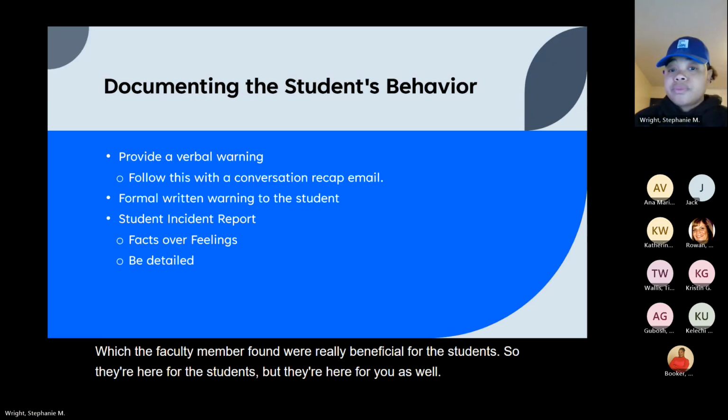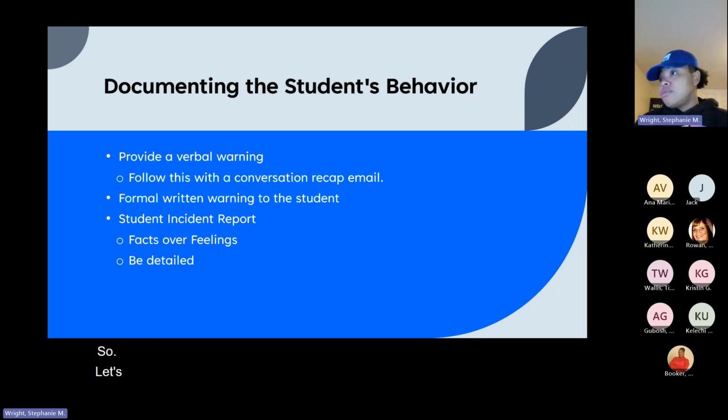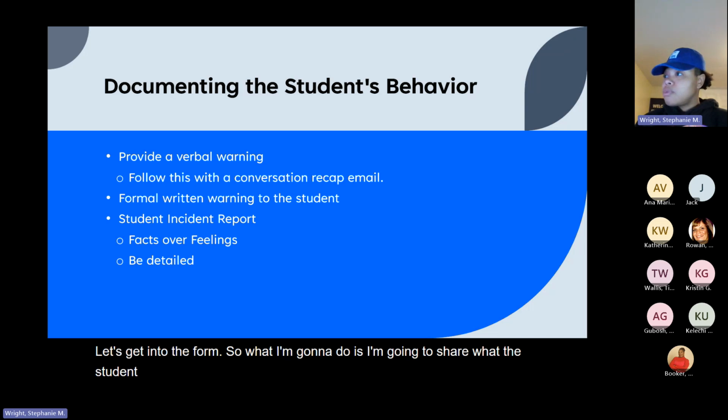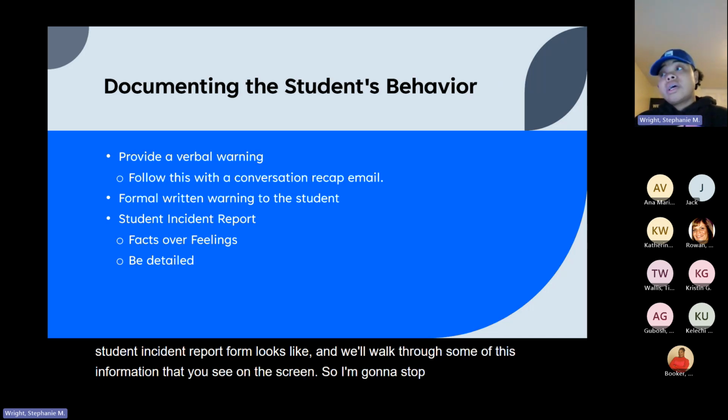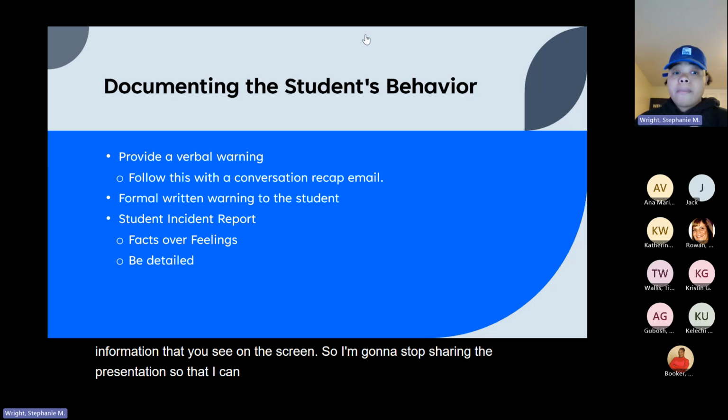So let's get into the form. What I'm going to do is share what the student incident report form looks like, and we'll walk through some of this information that you see on the screen. I'm going to stop sharing the presentation so that I can share the form.